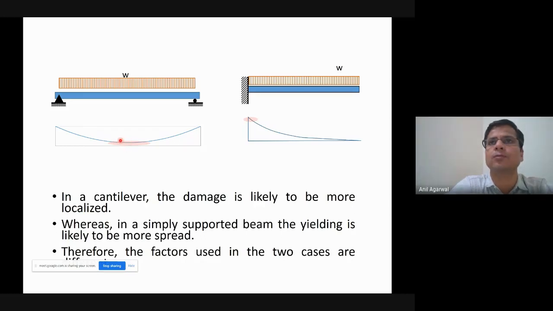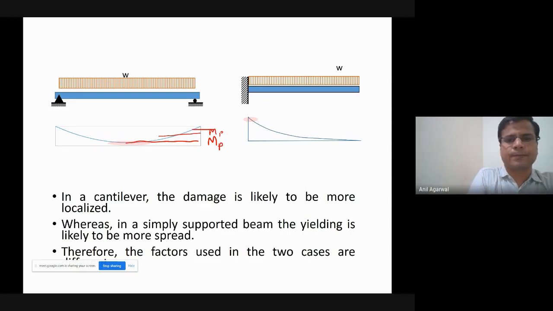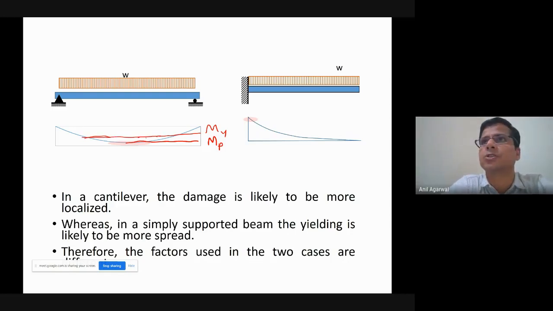the plastic moment capacity value. That means a large portion of the beam would be under moment that is larger than My. So for example, if this is the MP value, and this is the My value, the point where yielding first takes place, the portion that is beyond My is very, very large.